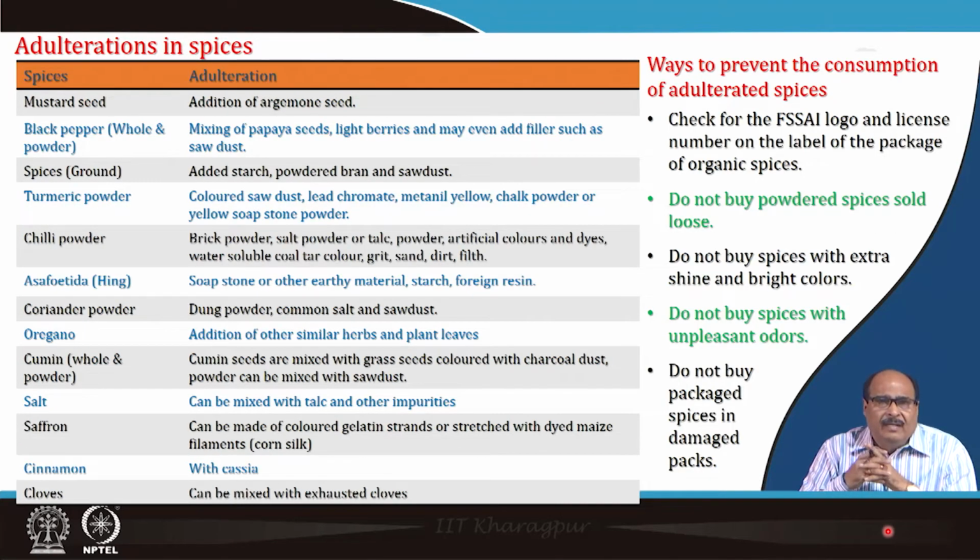Okay. Then, in the case of spices, there is a common problem, that is adulteration. For example, in mustard seeds, argemone oil is added and they look similar. In chili powder, brick powder, salt powder, artificial colors, etc. In ground spices, starch, powdered bran and sawdust are added.